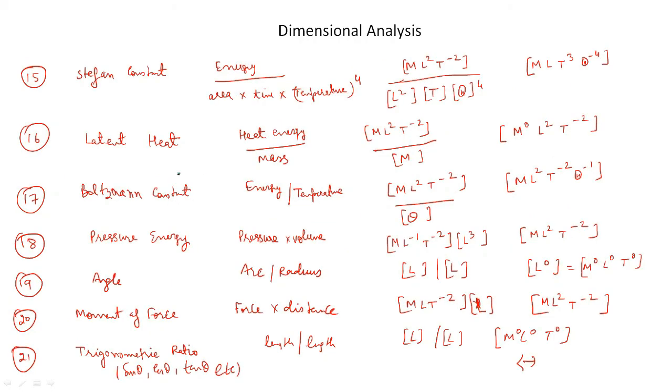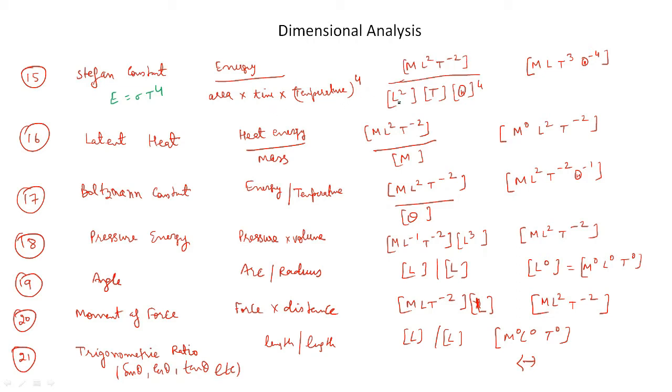Then Stefan constant, you know that E is equal to sigma T to the power 4. So sigma is here defined as Stefan constant. So it will have the dimension formula like energy upon area into time into temperature to the power 4. Energy is having the dimension formula ML square T to the power minus 2.